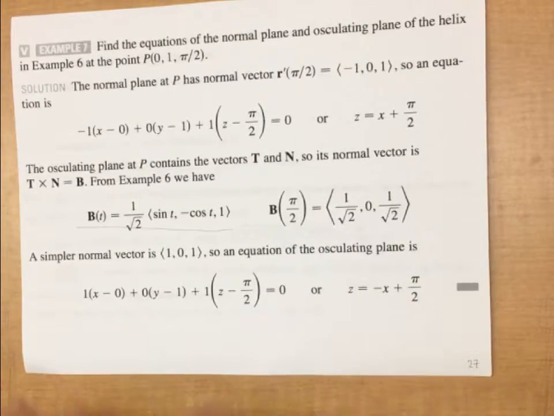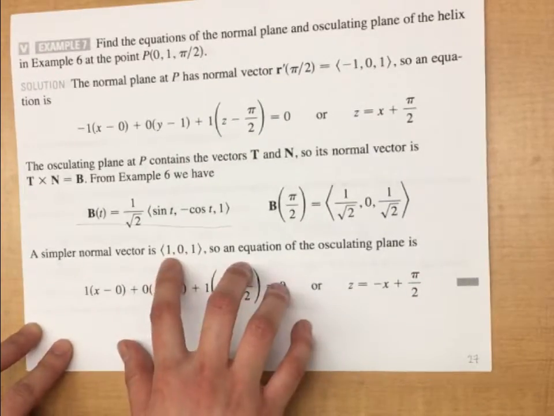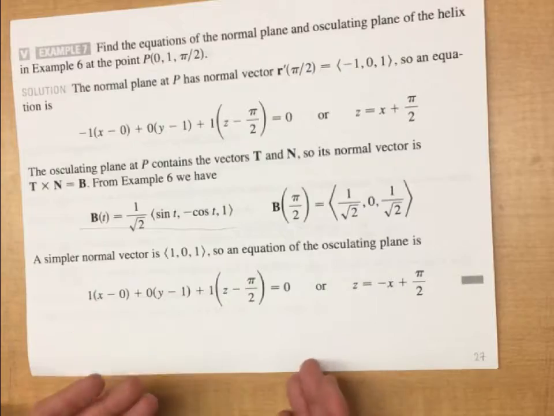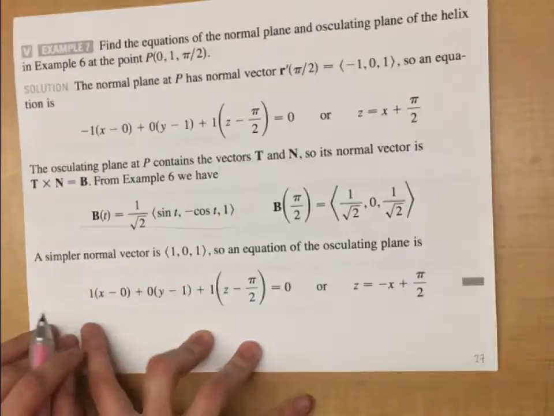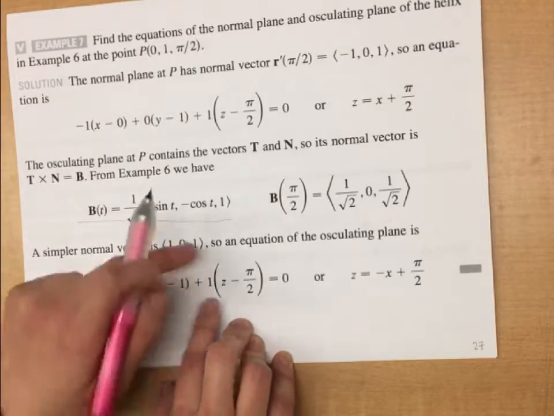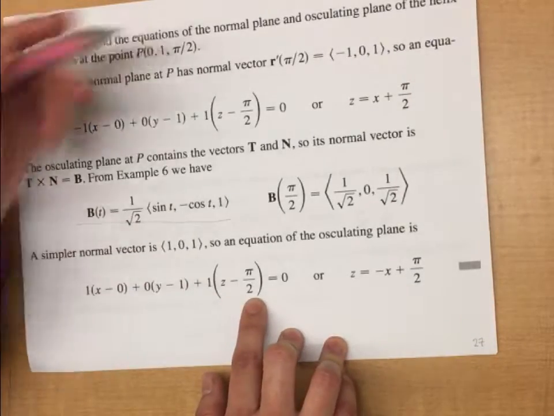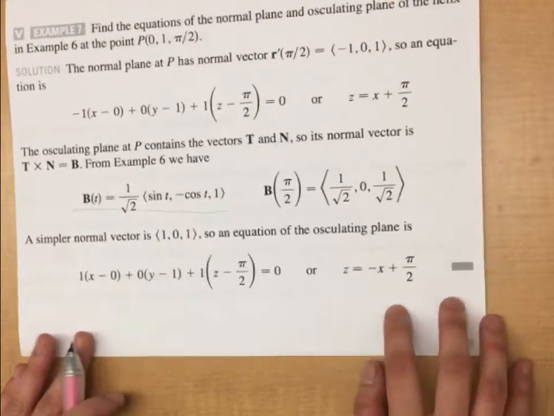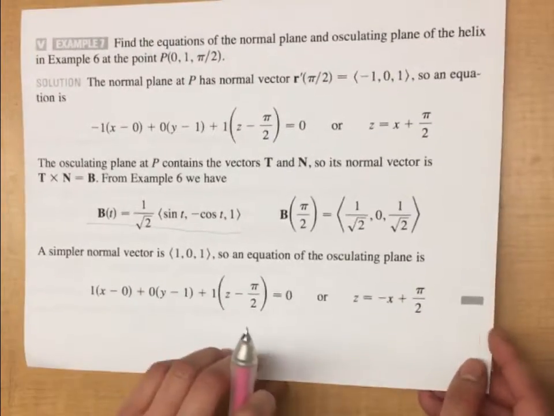And so a simpler normal vector would be (1, 0, 1). And so to plug in the equation for that, that would be 1 times (x minus 0), plus 0 times (y minus 1), plus 1 times (z minus pi over 2) equals 0. And then organizing that again, it would be z equals negative x plus pi over 2.